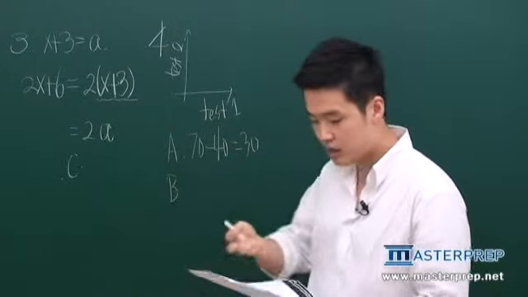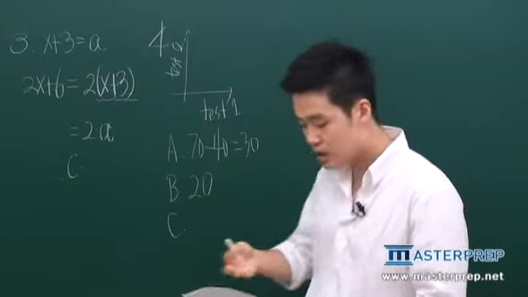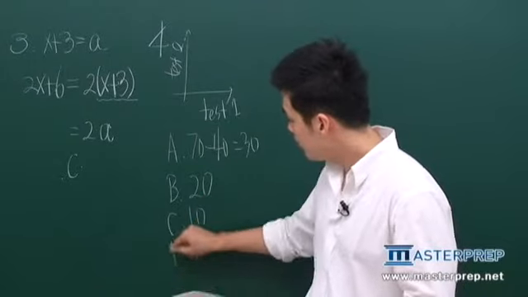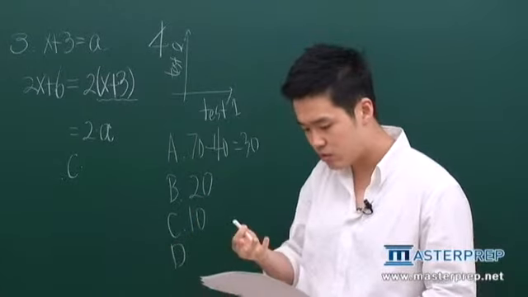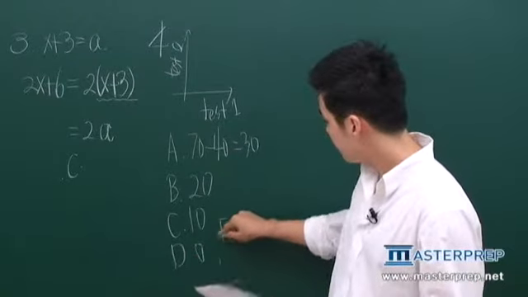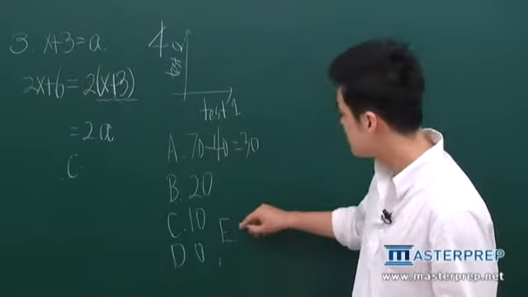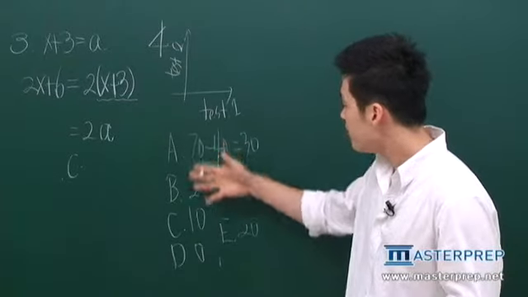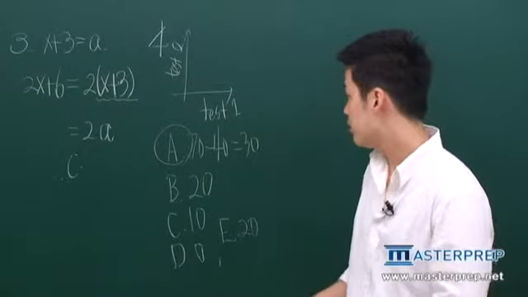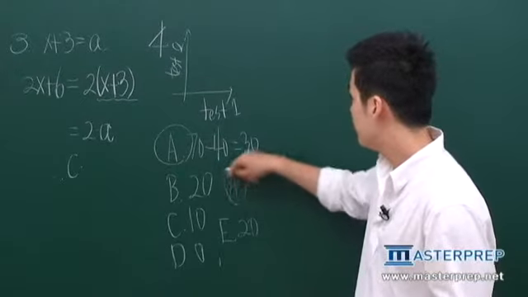B is 60 minus 40, which is equal to 20. C is 70 minus 60, which is equal to 10. D is 80 minus 80, so there's no difference. E is 80 minus 60, which is 20. So out of A, B, C, D, E, A has the greatest change in test scores between test 1 and test 2. So A is the answer for number 4.